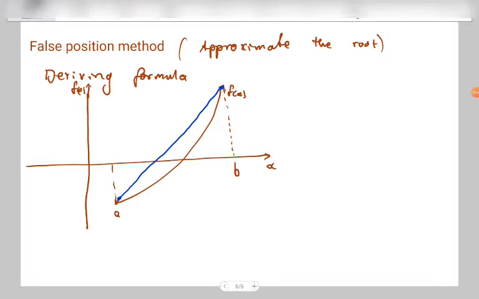Since we know the function of a straight line, while this is a nonlinear function, we don't know what the function is, or what kind of polynomial it is. So we're going to find the equation for this straight line.